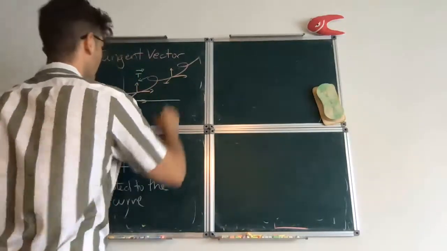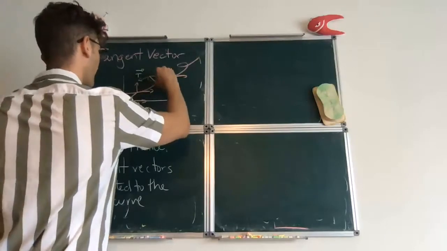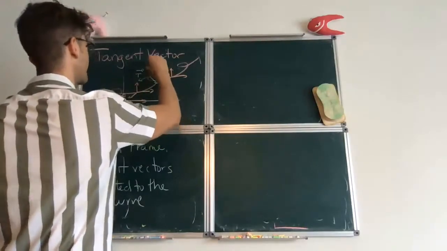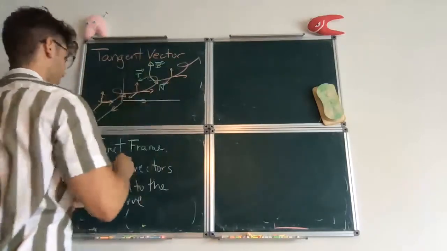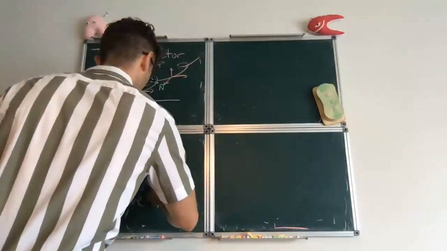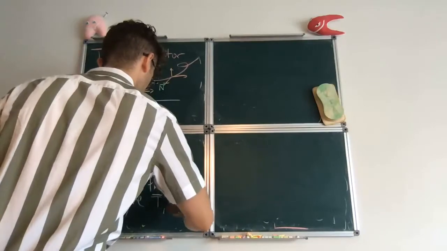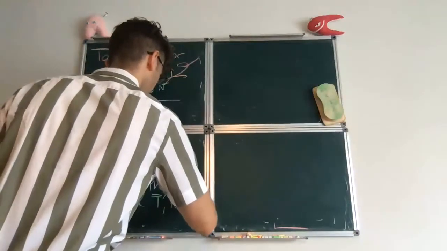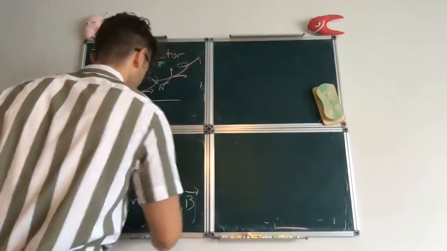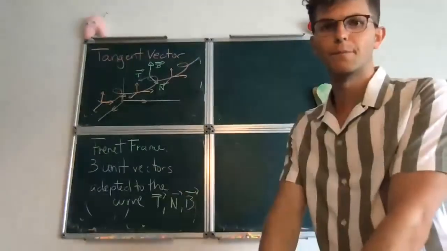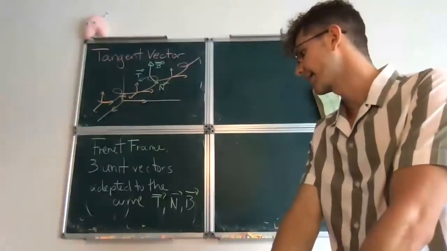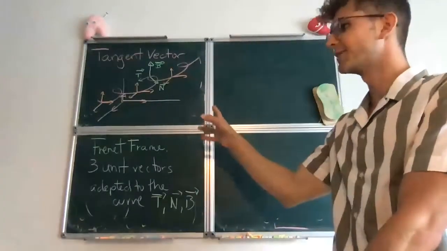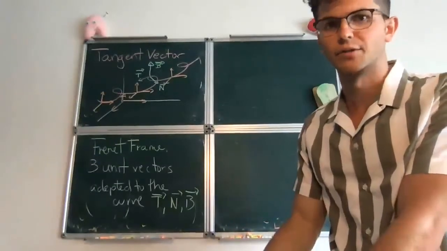There's another one called the normal vector, and there's another one called the binormal vector. And so what we want to do is try to define them in a way that seems natural to the problem at hand. And so for this video, we'll talk about the tangent vector.